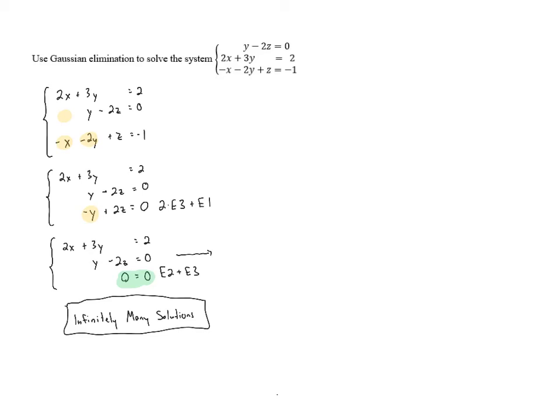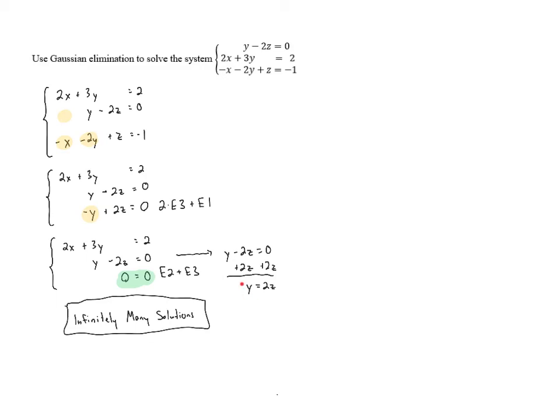So if we take this second equation, y minus 2z equals 0, and we solve for y, we do that by adding 2z on both sides, and that tells us that y equals 2z. So whatever z is, we know that y has to be twice that much.